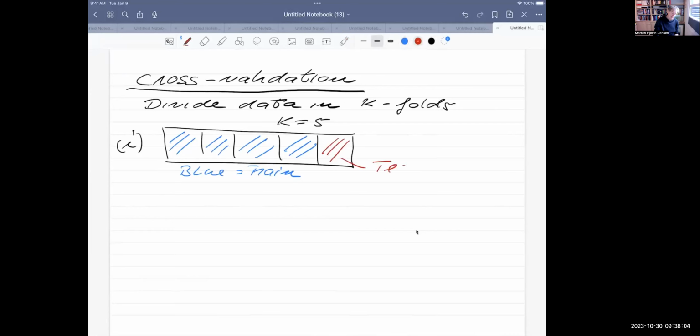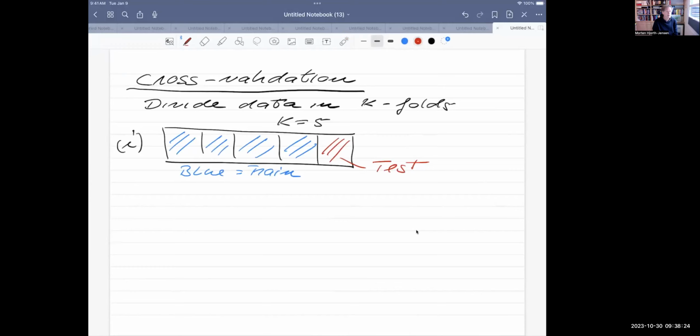So I would train my model on the blue data. So I've split it in 5 slots. If I have 100 data points, it means that we would have 80 data for training and 20 for test. And you can change this K to larger, smaller numbers.